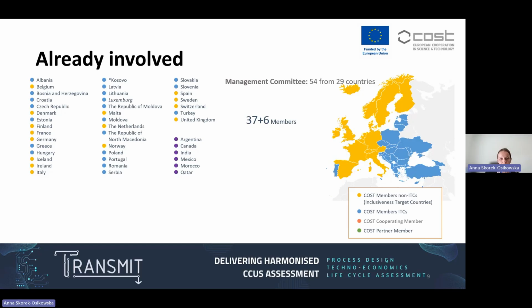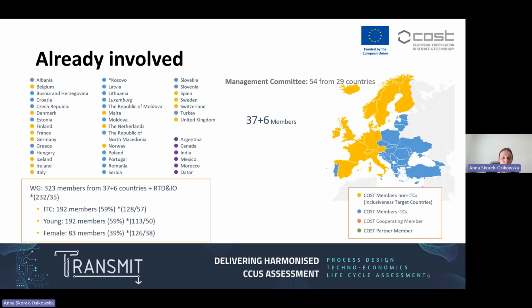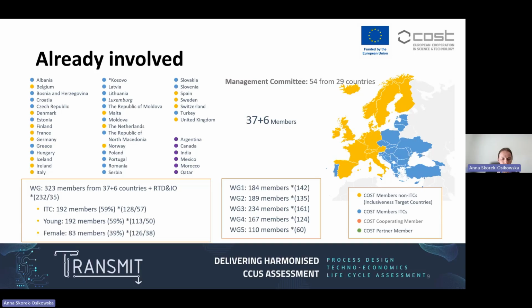So we are covering many countries in Europe, as you can see, but also from outside. A member can also be from outside, although there are some rules for participation and financing. We have more than 50% young people, which is nice, and so-called ITC countries, which you can see in blue on this map.